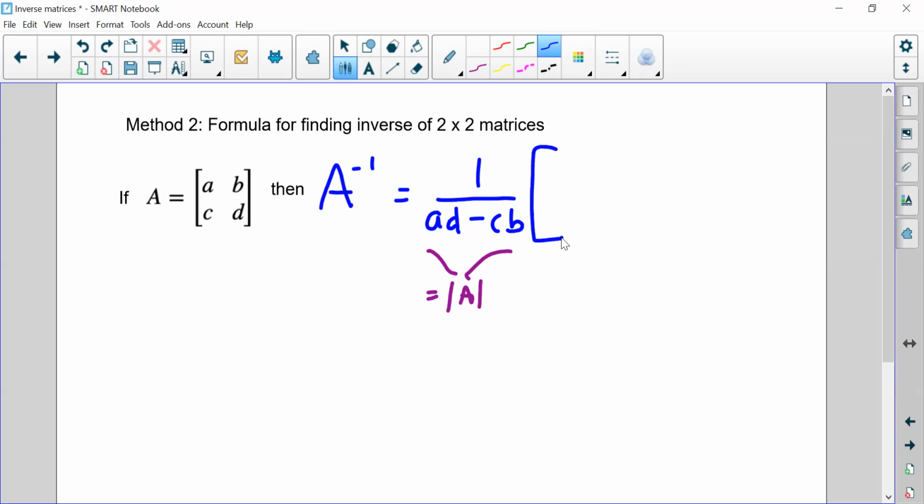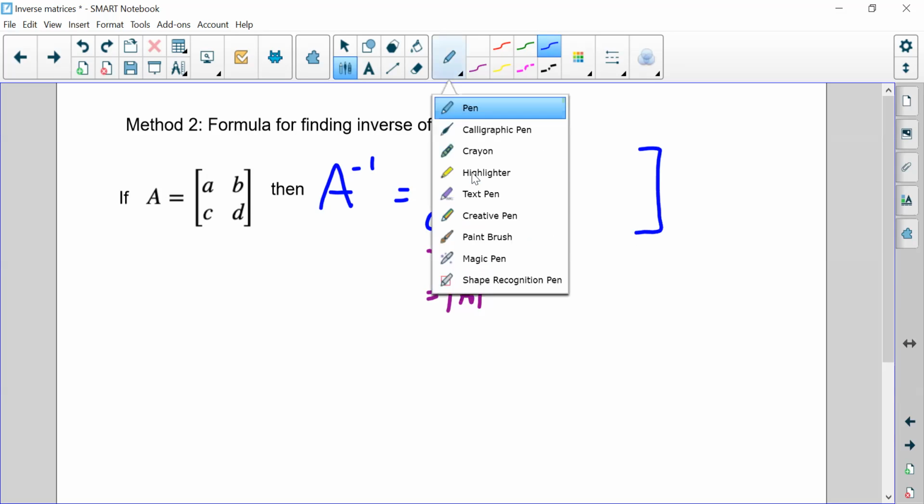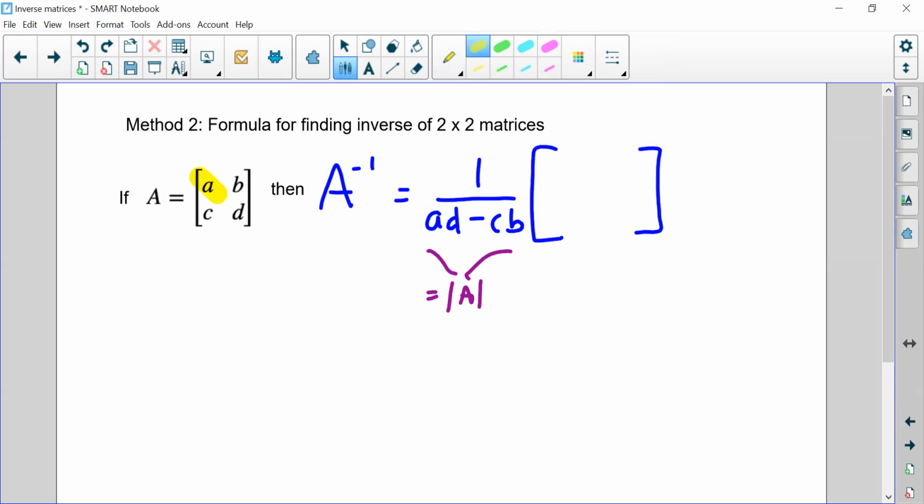times, and then we're going to do some little rewriting of this matrix A. How you do the rewriting of this matrix A is on the main diagonal, you switch those numbers. So on this main diagonal, this is now going to become D here and A here. So you'll switch the numbers on the main diagonal.